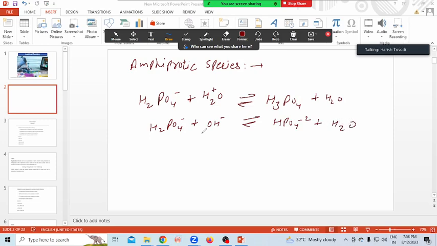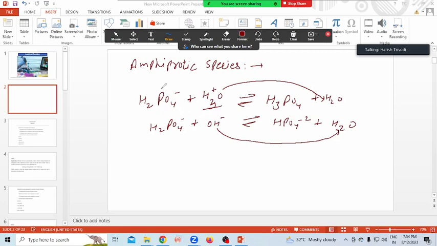Here water is, sorry, it is H3O plus. From hydronium ion to water, it is giving a proton here, and here it is taking a proton, hydroxide converting into water.